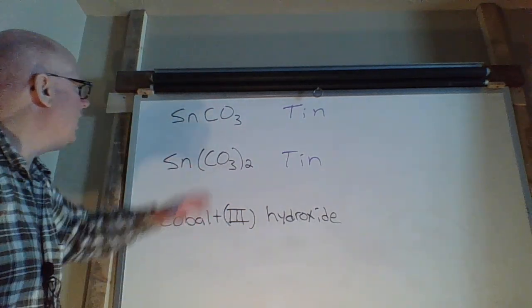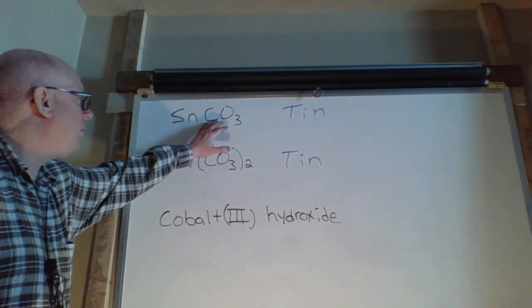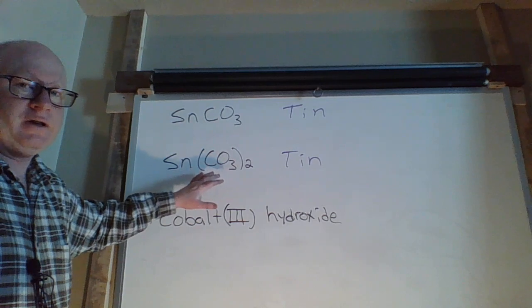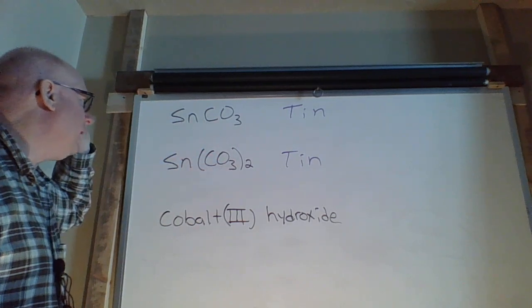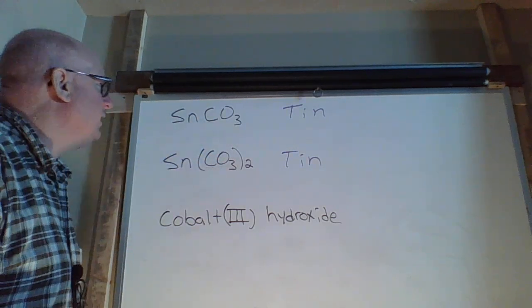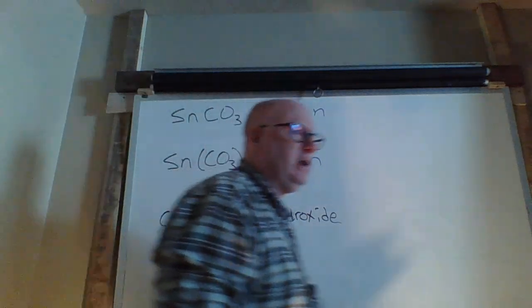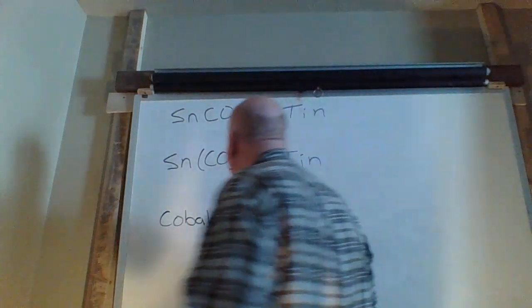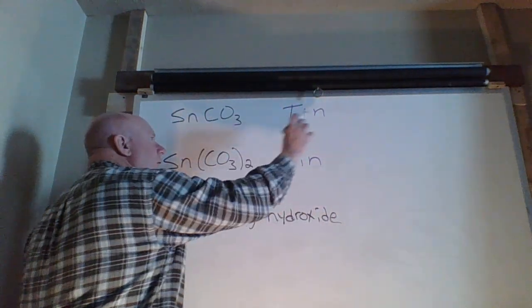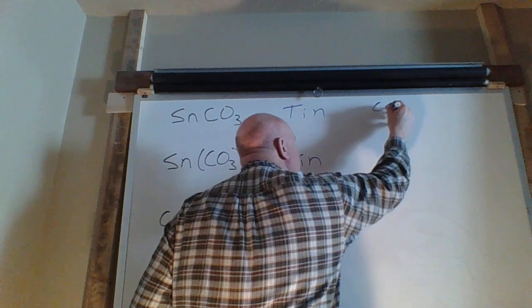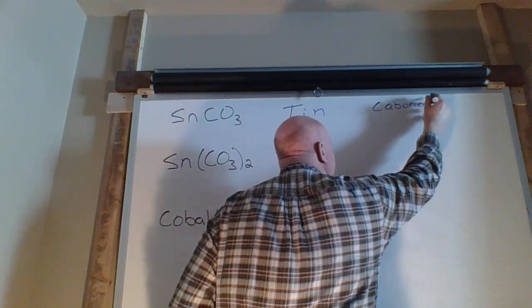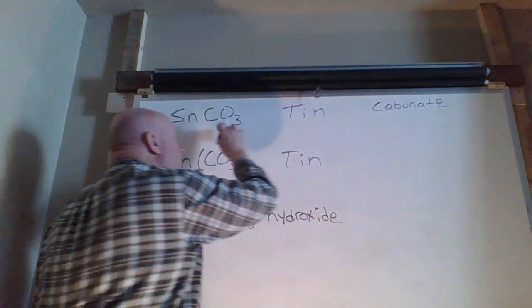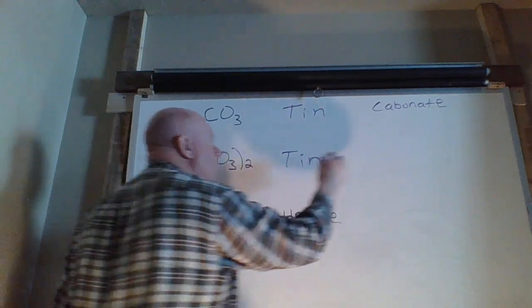But notice we have CO3 all by itself here, and then we have CO3 down here as well, but that one's in parentheses. Well, why would that be? Well, it's because in this case the charges are going to be different, because CO3 of course stands for carbonate. If it stands for carbonate for this compound, it does for this one as well.